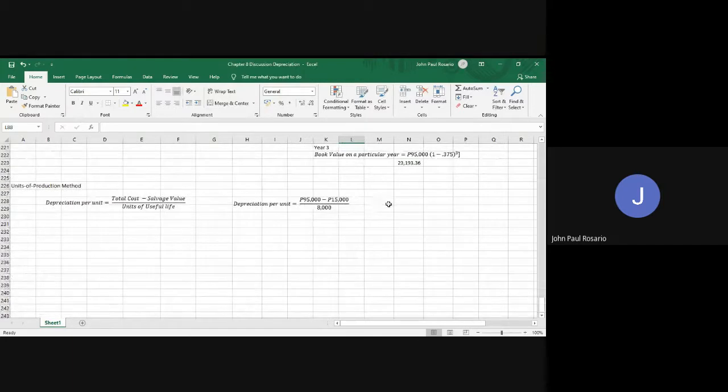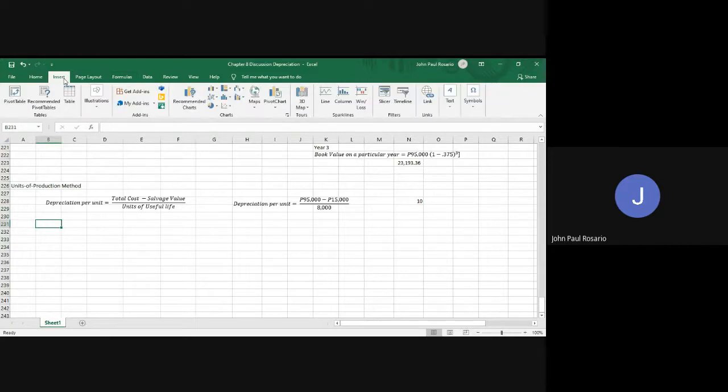So our depreciation per unit would be 95,000 less 15,000, and we divide it by 8,000. So per hour of use is 10 pesos. So that's our depreciation per unit. So our annual depreciation then will be computed as follows.